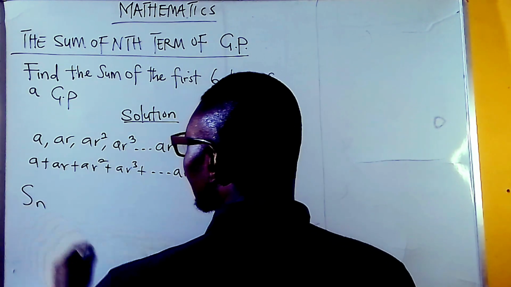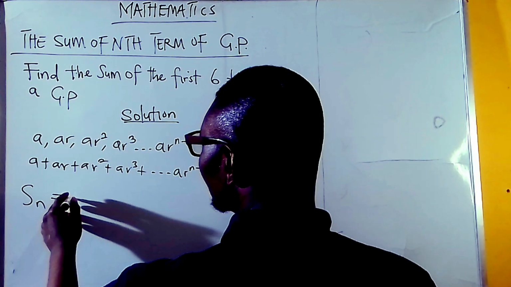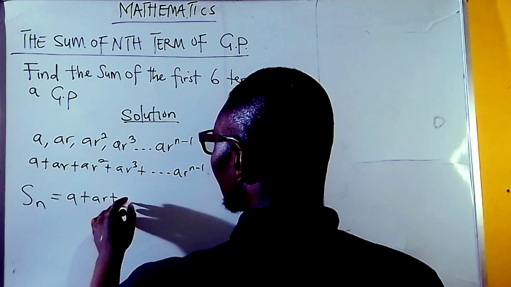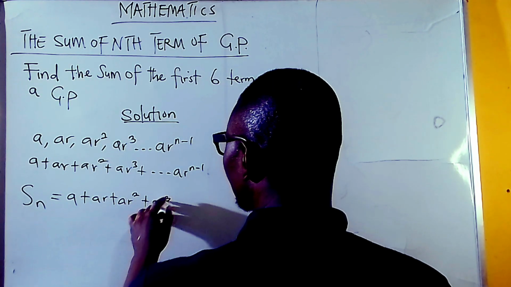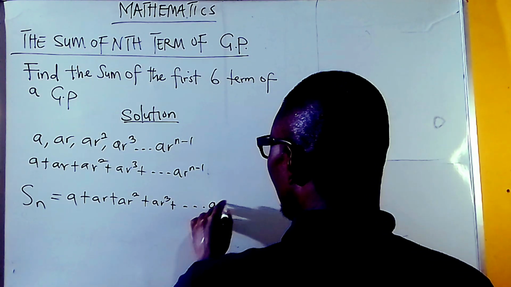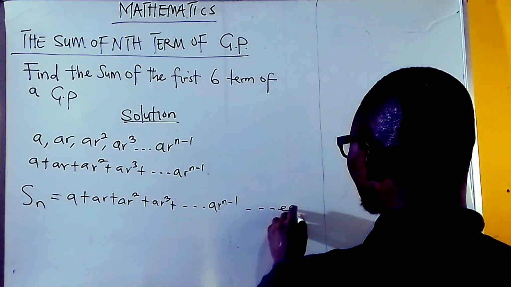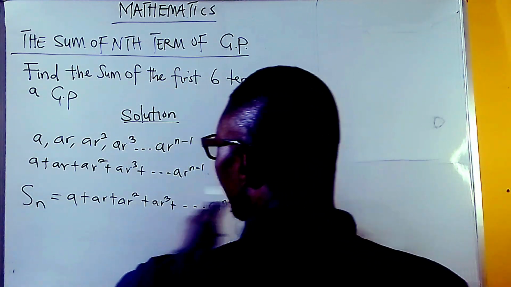Now, the sum of the n terms of a GP will be a plus ar plus ar^2 plus ar^3 plus dot dot dot ar^(n-1). Let's tag this as equation 1. Then we'll multiply r all through.